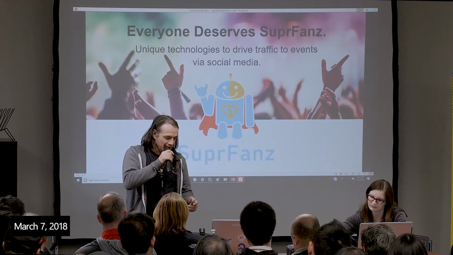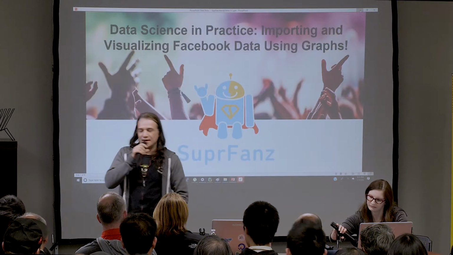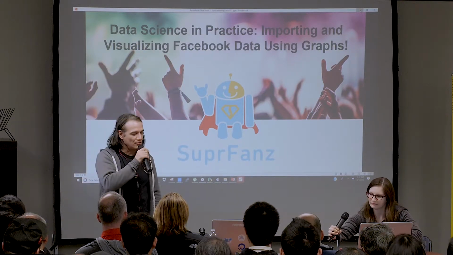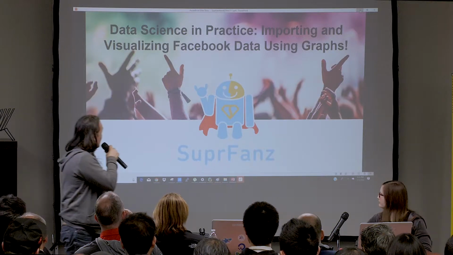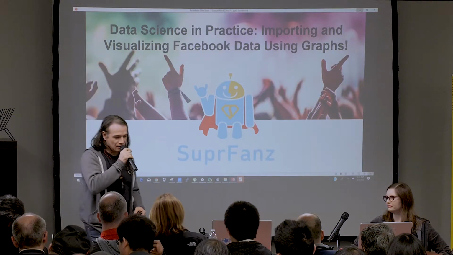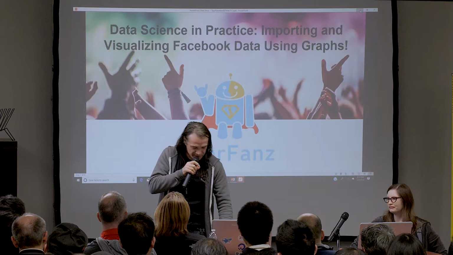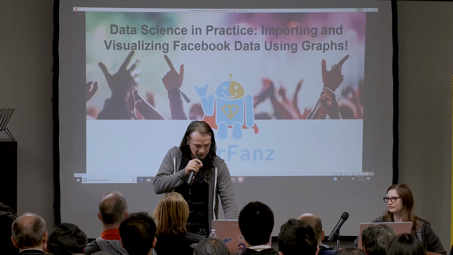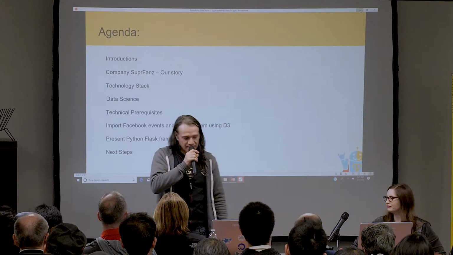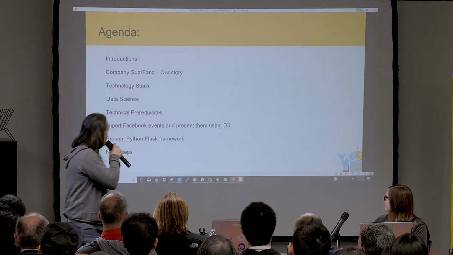Today we're going to talk about data science in practice, importing graphs, or rather importing events using graph databases and visualizing that with D3. Before we get started, let's go through the agenda for a second.